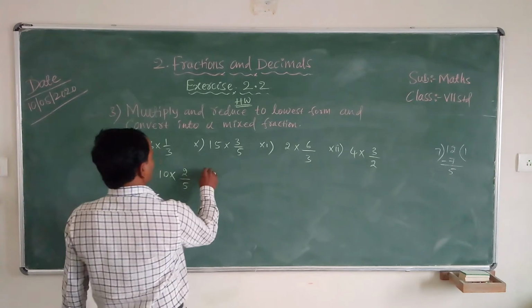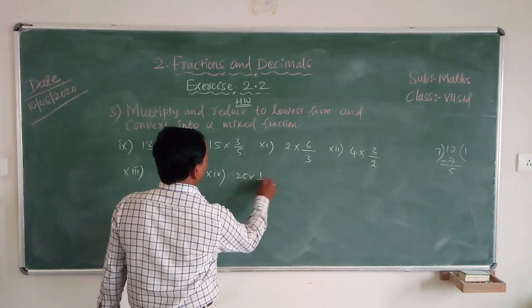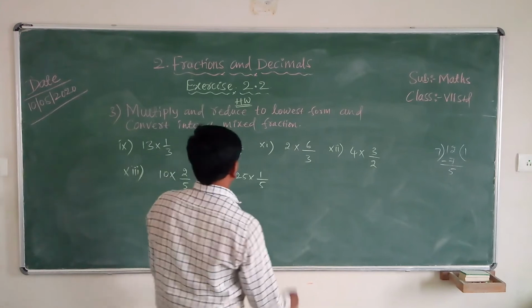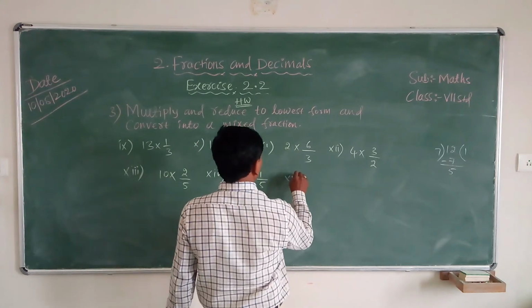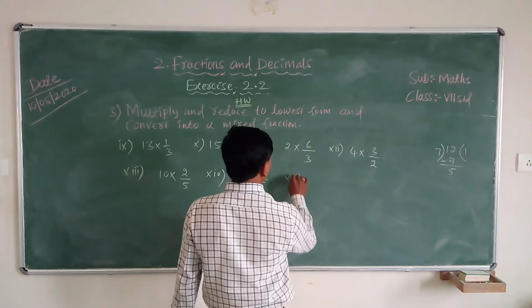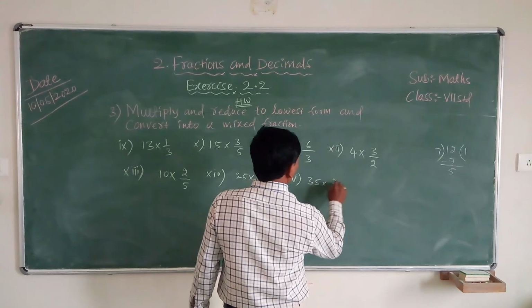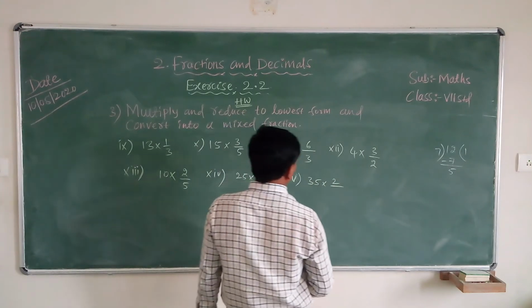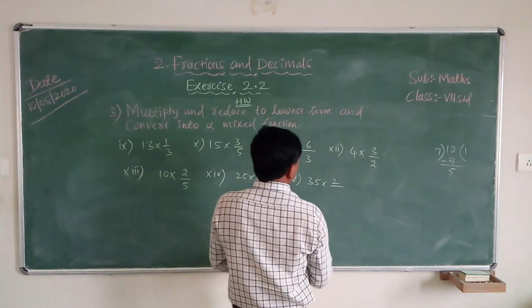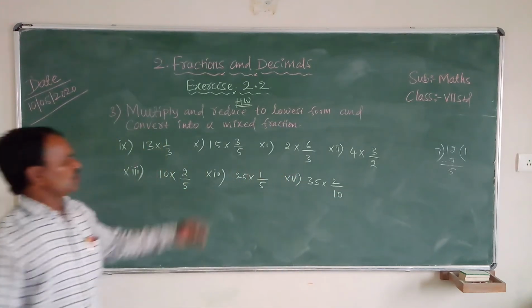Now 14th. 25 into 1 by 5. So 16th, 14th, 15th. 35 2 by 10. This you have to do as homework.